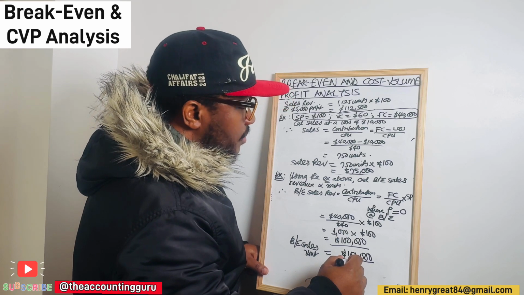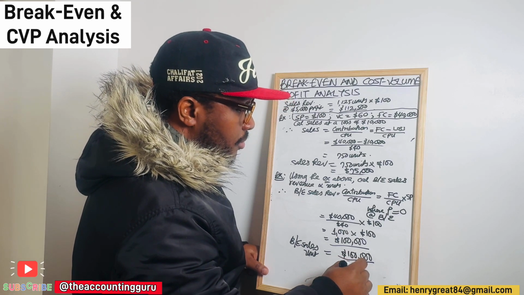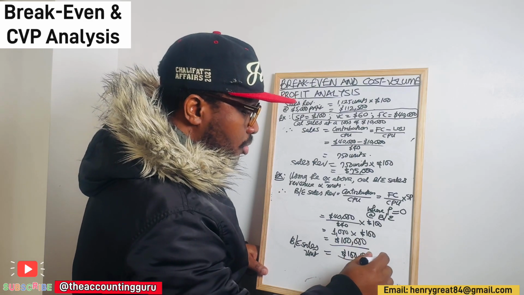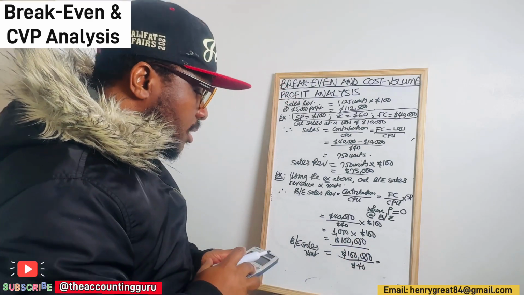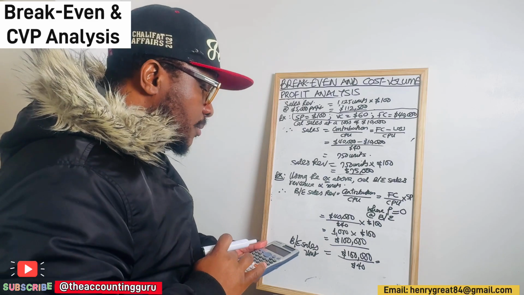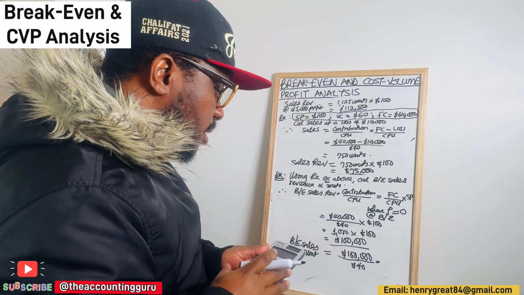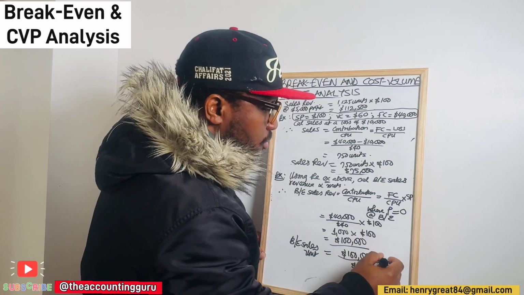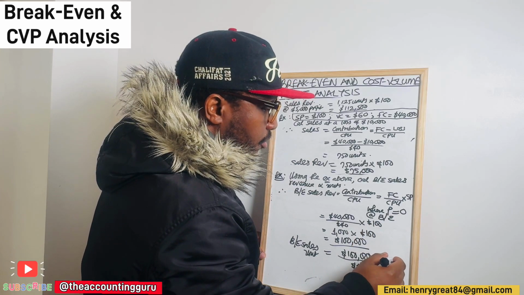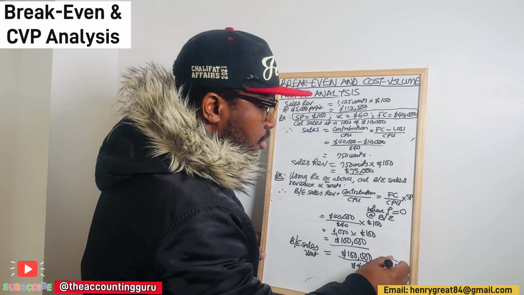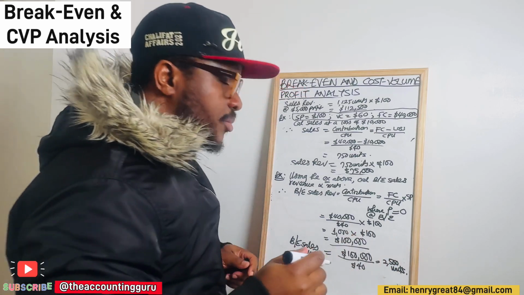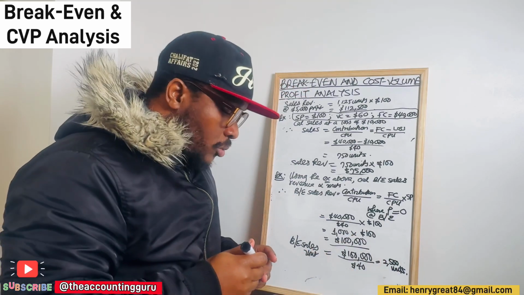What is the selling price per unit? $40. So what will be the figure? All right, so what we are doing is we are dividing $100,000 by 40. So we are having 2,500 units as break-even sales unit. I hope this is clear.